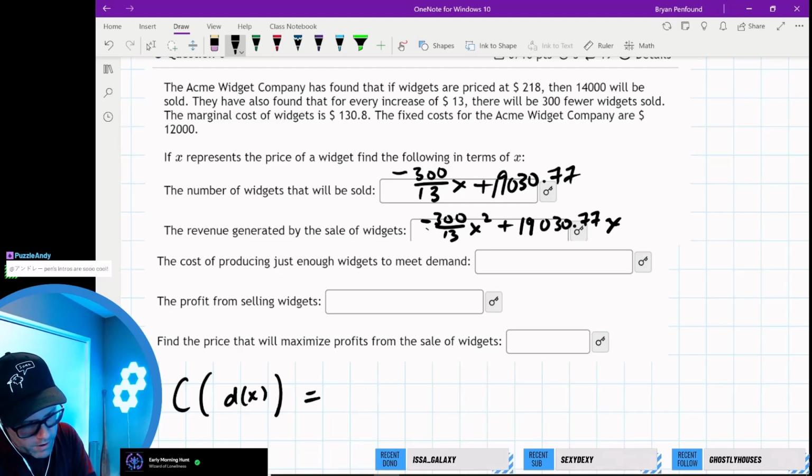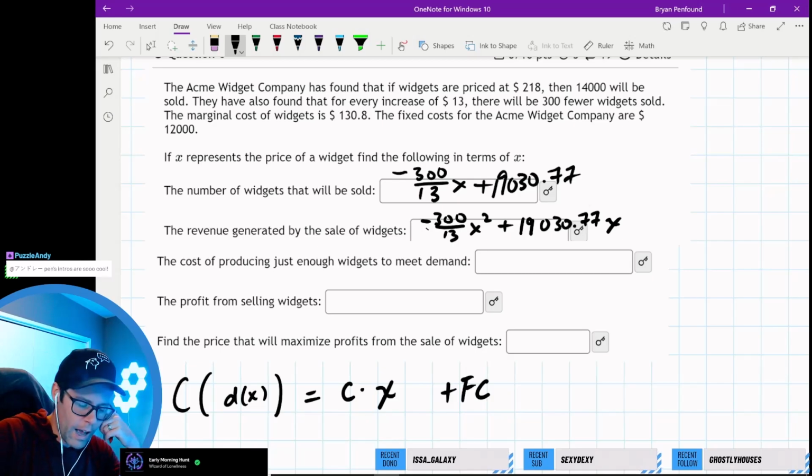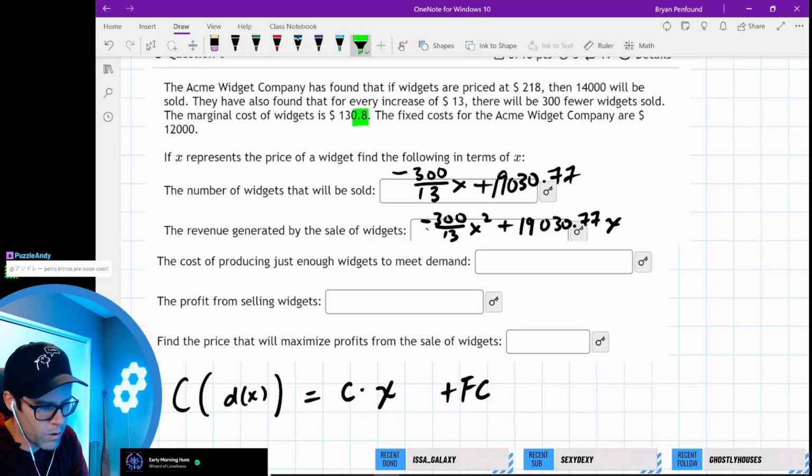And I'm used to, in a linear sense, calling this the cost to produce each item, which is usually given by the marginal cost. So if we know the marginal cost, we're going to know what this particular value is right here.